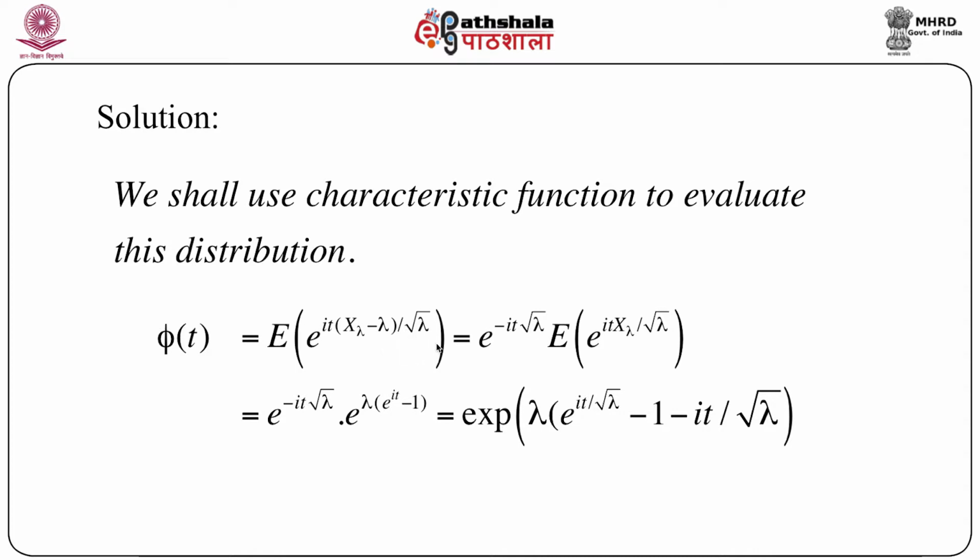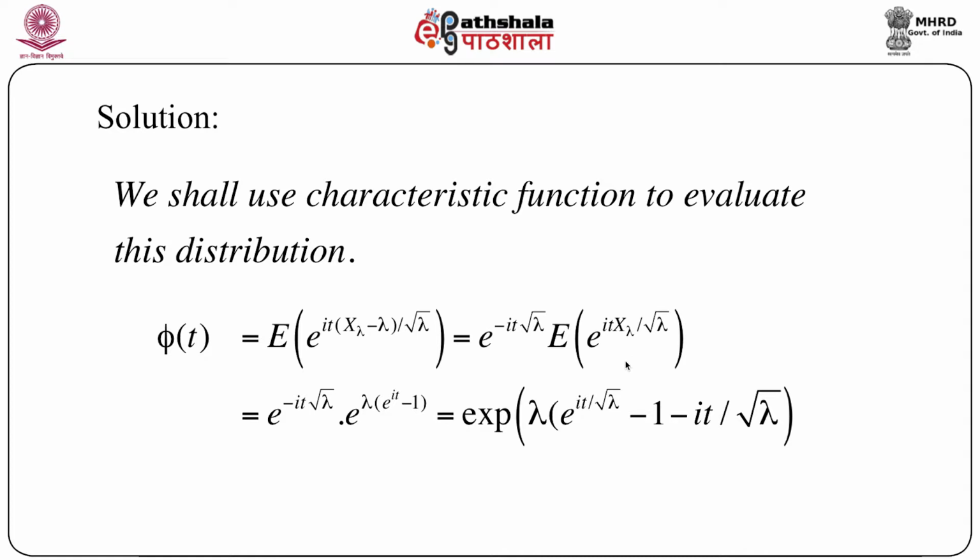A little bit of algebraic manipulation will guide us: if we expand the exponent part, there is a constant, minus i t square root of lambda. So e to the power minus it square root of lambda comes outside the expectation. So we are left with the expectation of e to the power it X_lambda by square root of lambda.